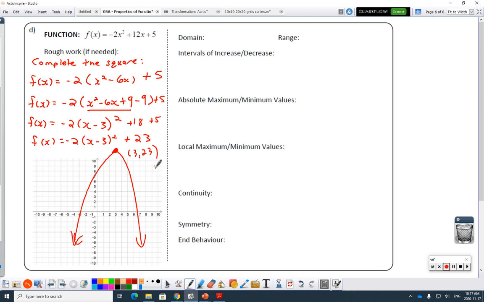Theoretically, the rest of these answers are easy once I can graph this thing. Here it goes. Domain: x element of reals. Range: y element of reals such that y less than or equal to 23. Intervals of increase and decrease: increase for x less than 3, decrease for x greater than 3.